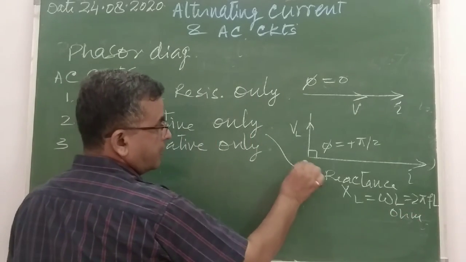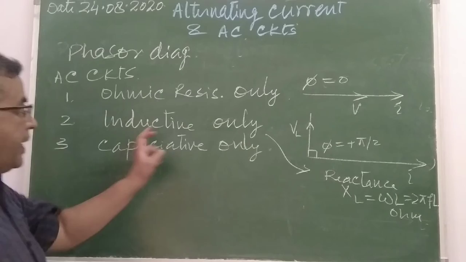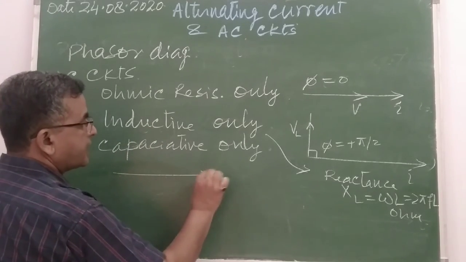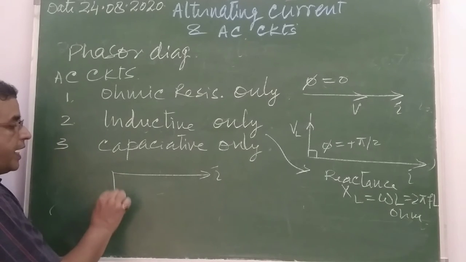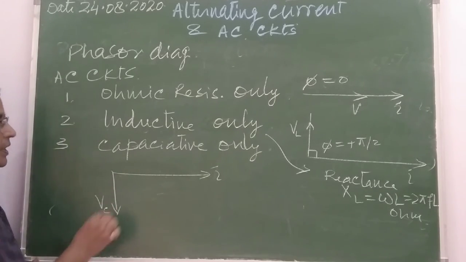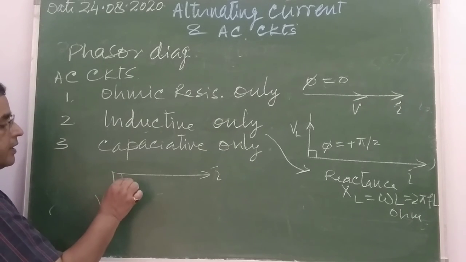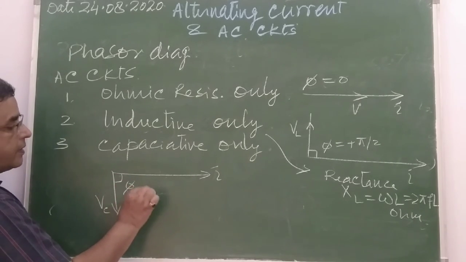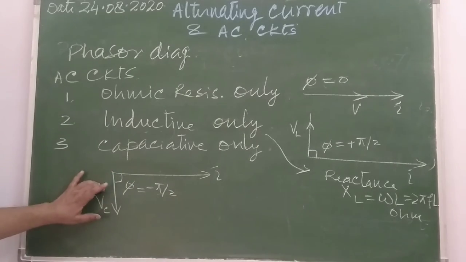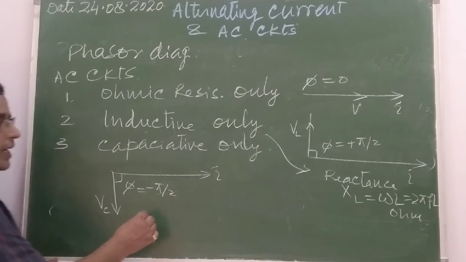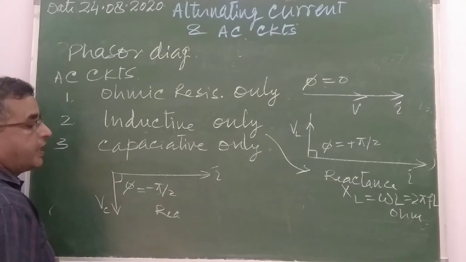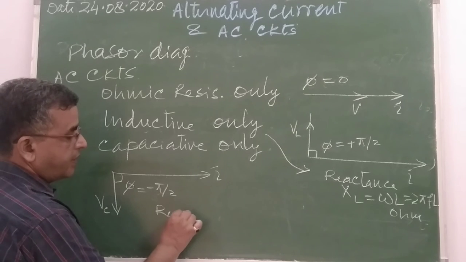So this is for inductive. For capacitive, this is the direction of current, and voltage lags behind. This is for a capacitor, and phi equals minus pi by 2. Again there is a phase difference, and reactance means the resistance offered to the flow of current.